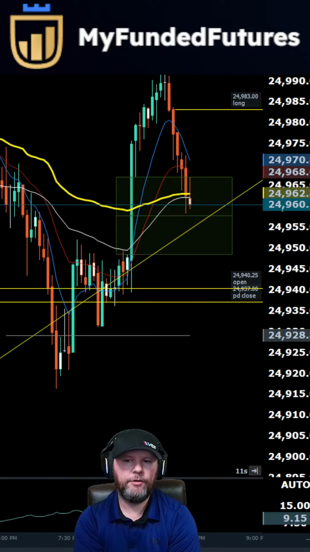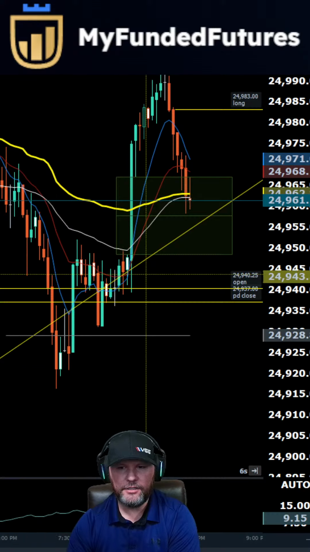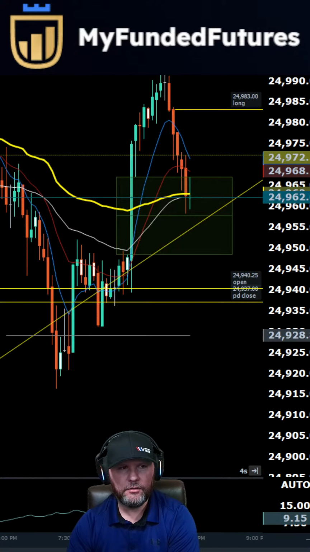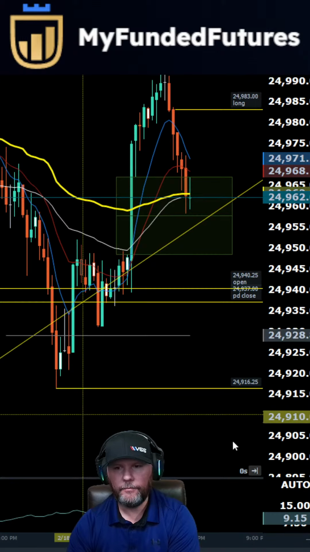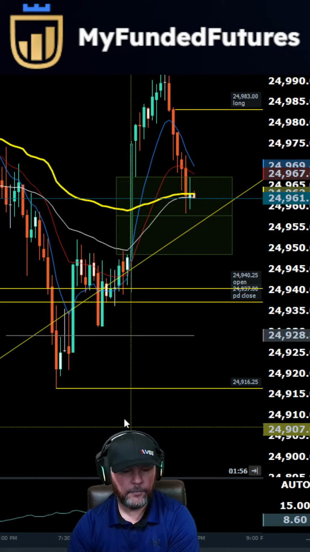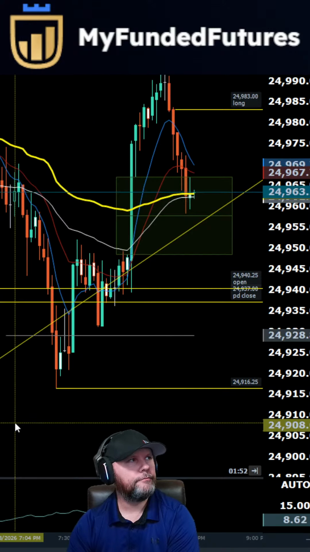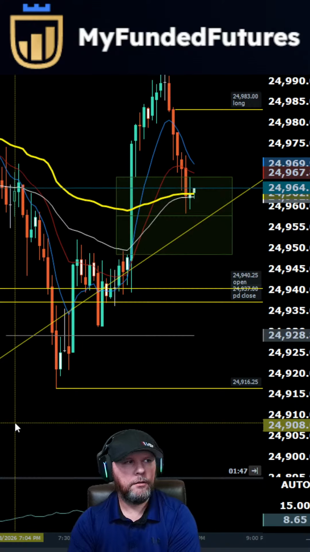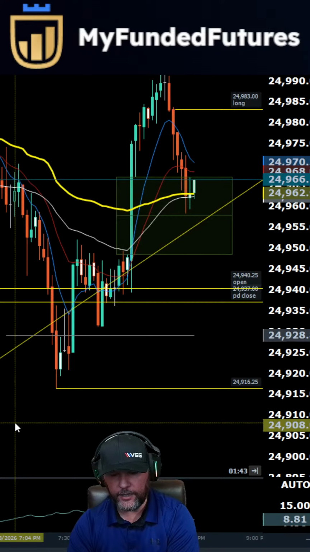If it closes below 948, you kind of got a little low resistance liquidity line here as well, which would make a decent target for a short. That's where I'd scale. Gold holding up there. It's kind of consolidating.